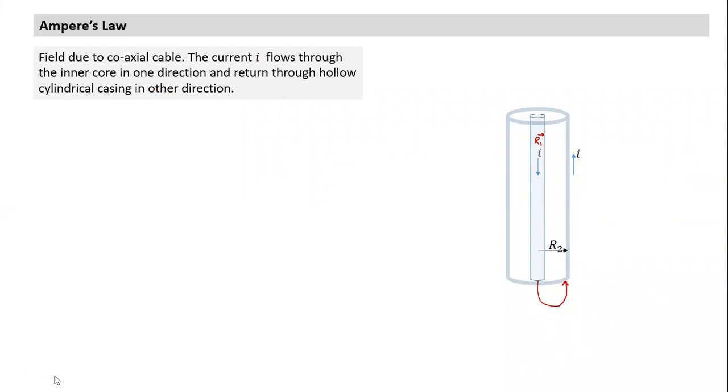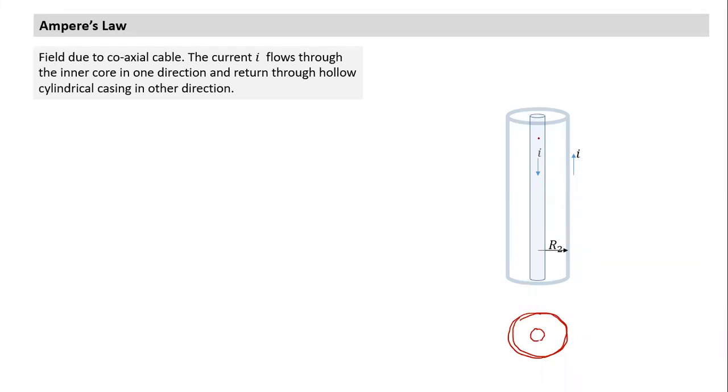If I look from the top, how would this look? It will look like a cylinder here surrounded by a casing. So here also, with the current I flowing, I can find there are 3 different regions. What are the values of R?